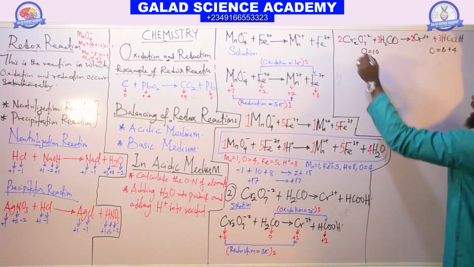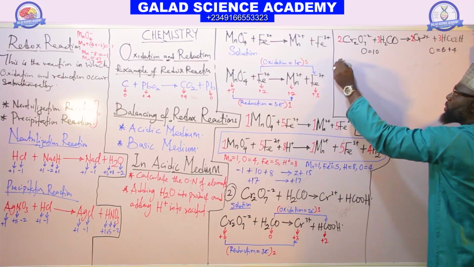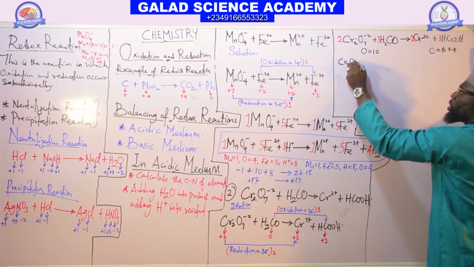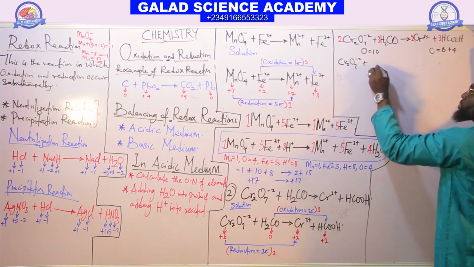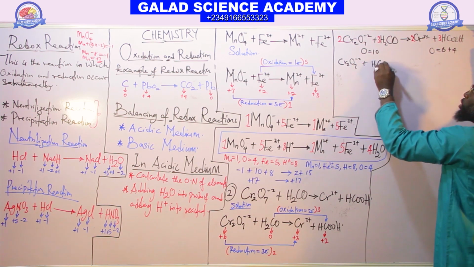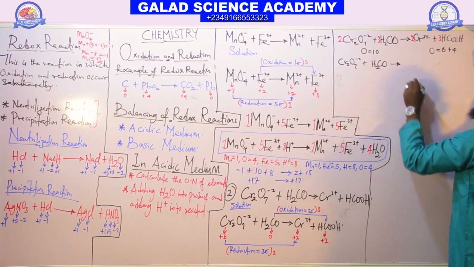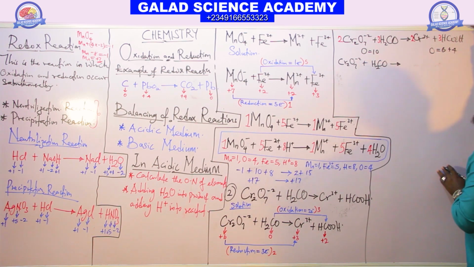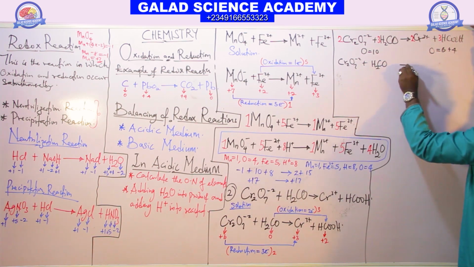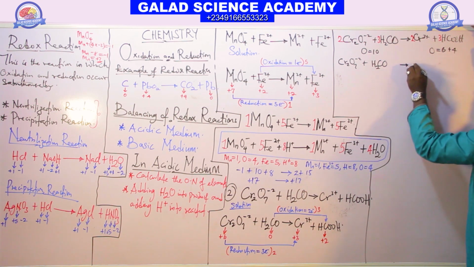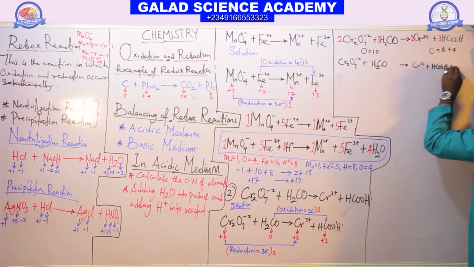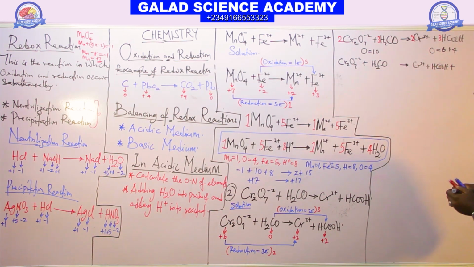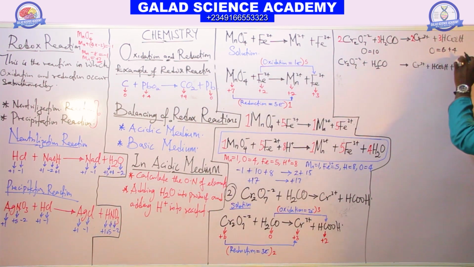So you now rewrite this thing in the form of Cr2O7^2- plus H2CO to give us Cr3+ plus HCOOH plus how many moles of water are we going to add now?